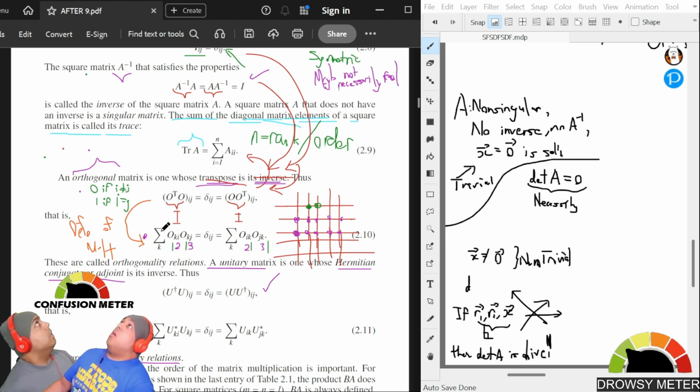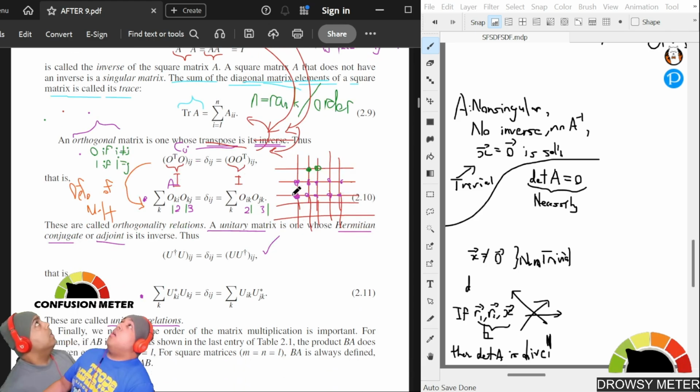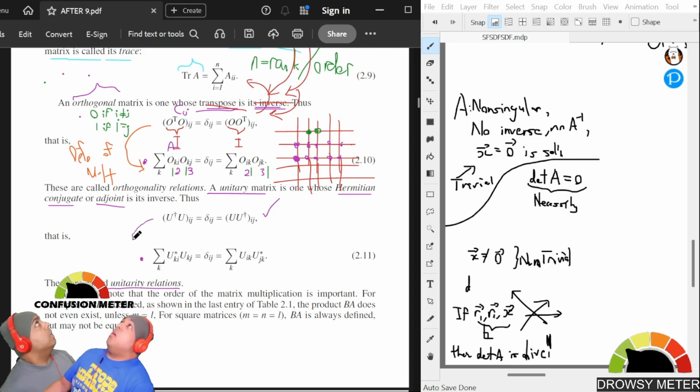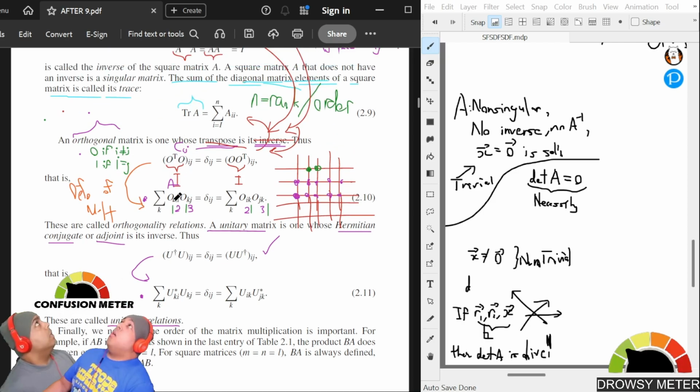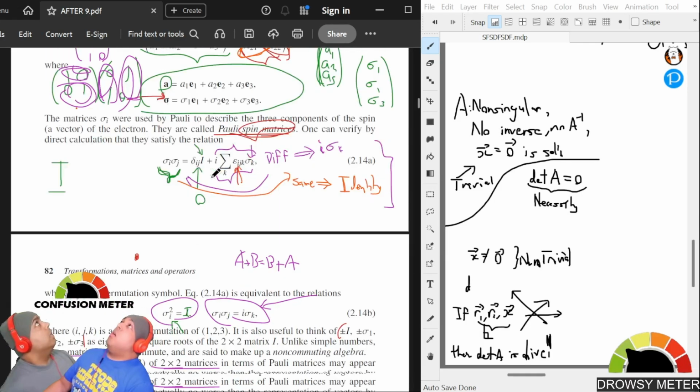To get from here to here, this is basically Cij, and this is Aki Bkj. The same can be done here. So I was confused earlier how they got from here to here. It's just the definition of matrix multiplication.